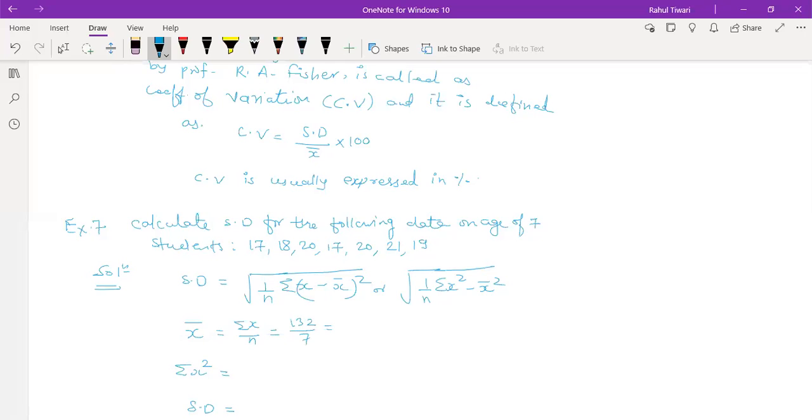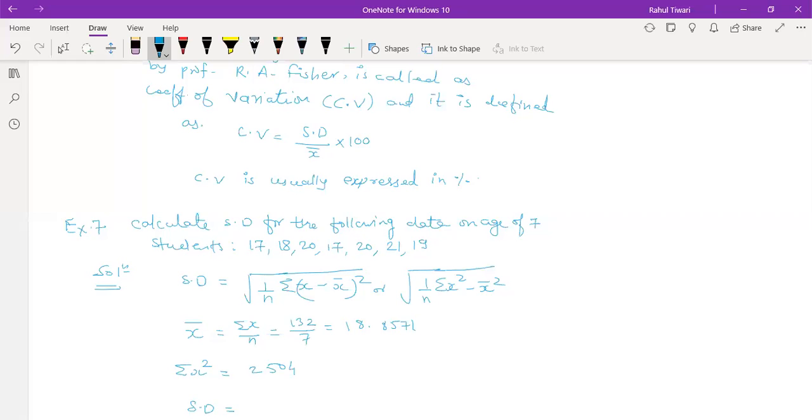If you calculate this value, it will be 18.8571. Take up to 4 digits always. And summation x square is going to be 2504.